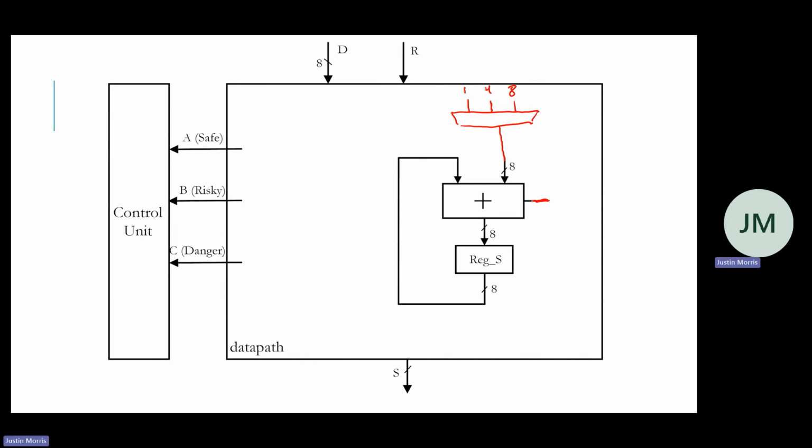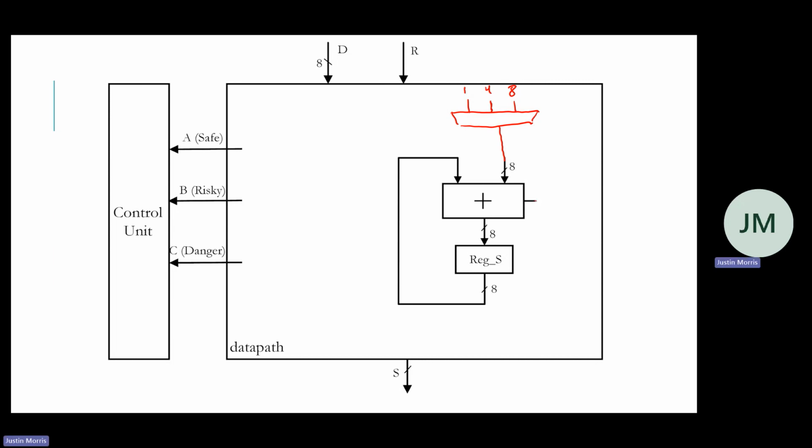What is this for? How do we reuse an adder as a subtractor? We use the same thing, right? So this is for telling us if we want to do addition or subtraction.